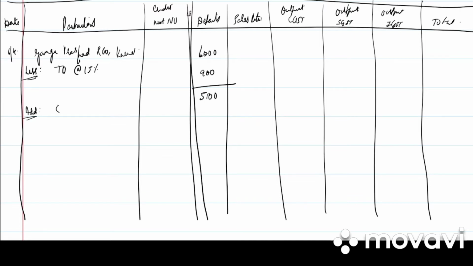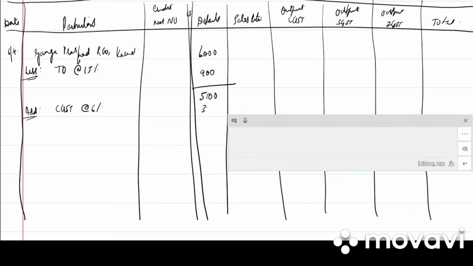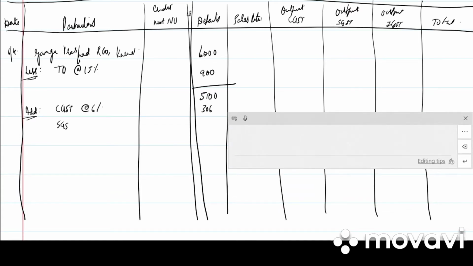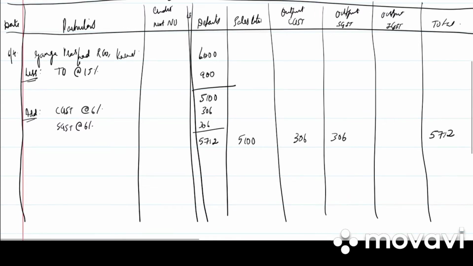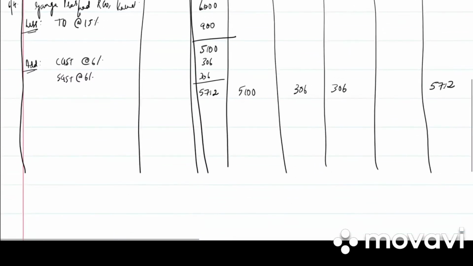Add CGST at 6%, 306. SGST at 6%, again it is 306. So the total is 5,712. Under sales return 5,100, 306 CGST, 306 SGST. Total is 5,712.